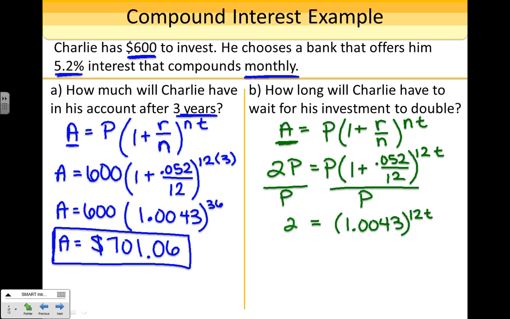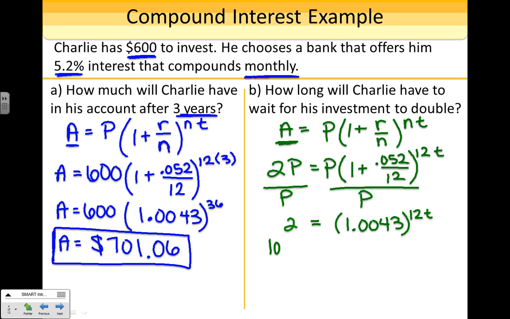And we know from before that when we take 0.052 divided by 12 and add 1 to it, we get 1.0043. So how do we solve an equation that looks like this? We're looking for the exponent. So you've got it. We are going to put it into log form.